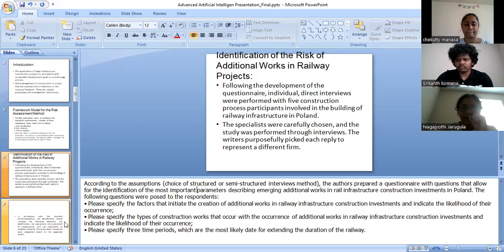Following the development of the questionnaire, individual direct interviews were performed with 5 construction process participants involved in the building of railway infrastructure in Poland.